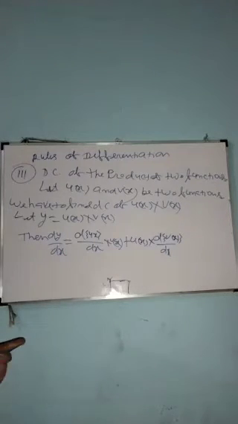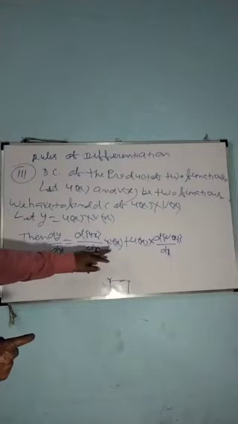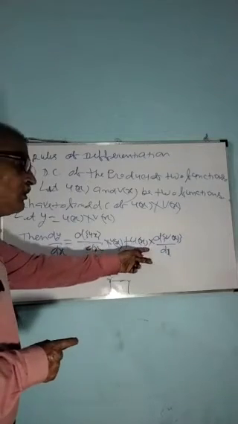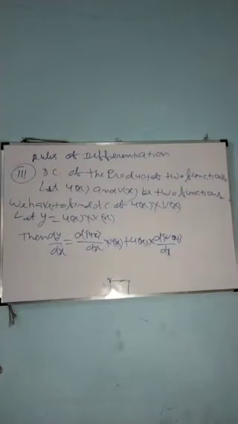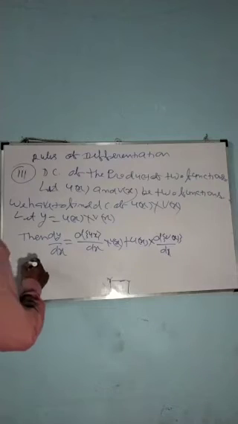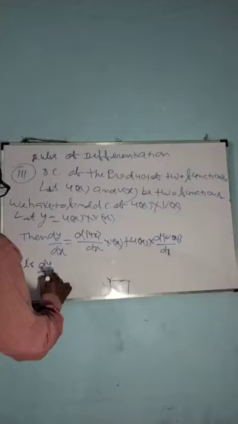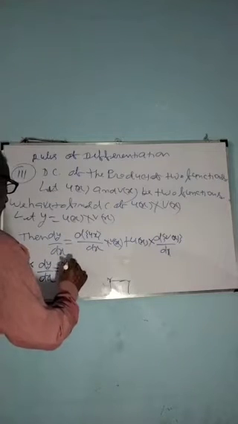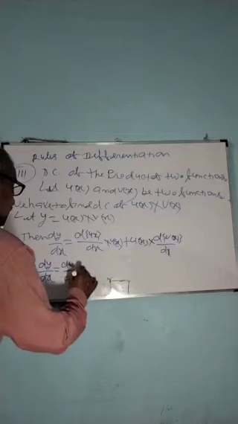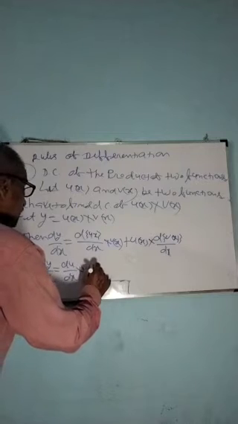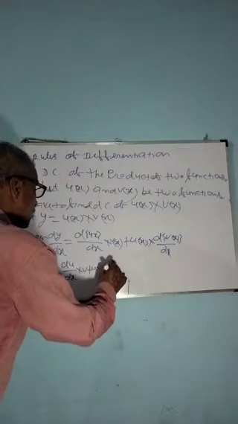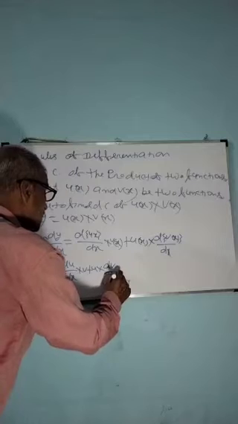How to obtain it? DC of first function into second function plus first function into DC of second function. That is dy by dx is equal to du by dx into v plus u into dv by dx.